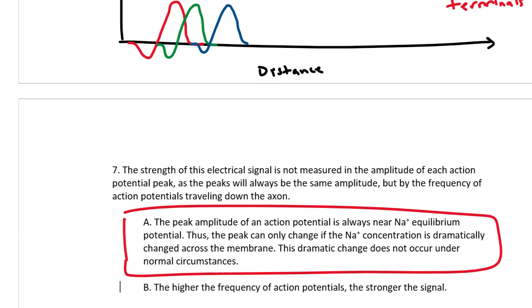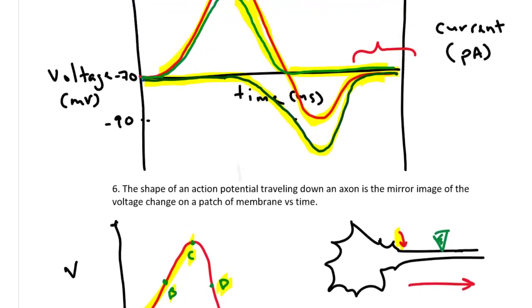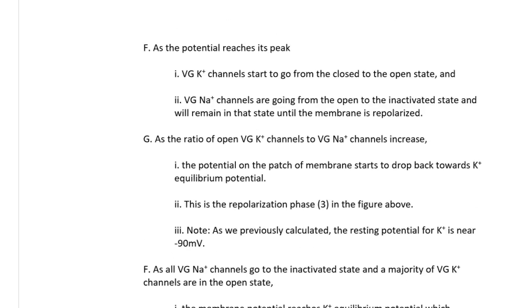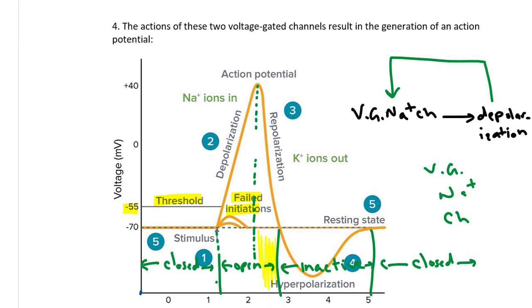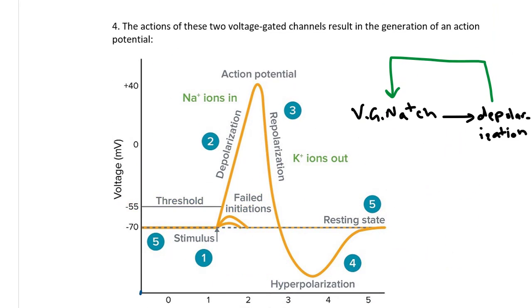So if we go back to our picture above for the action potential, way above here, right? And let's get rid of all this stuff. How strong an action potential is, how strong the signal is, because an action potential is just the signal, is not judged by the amplitude of how high this peak reaches.